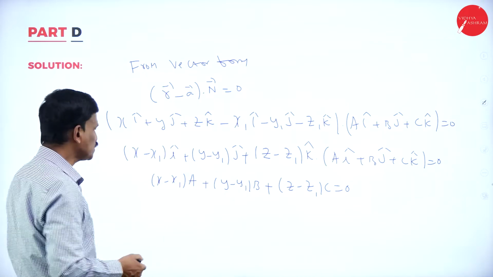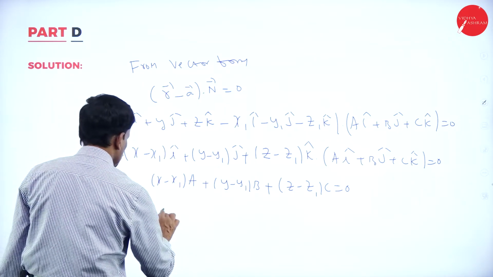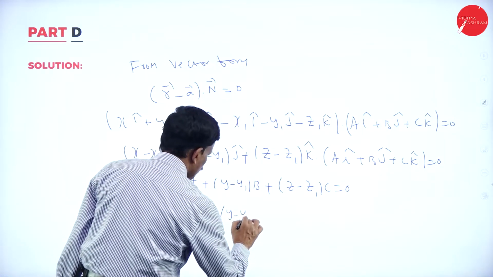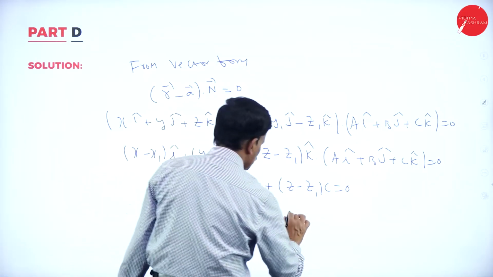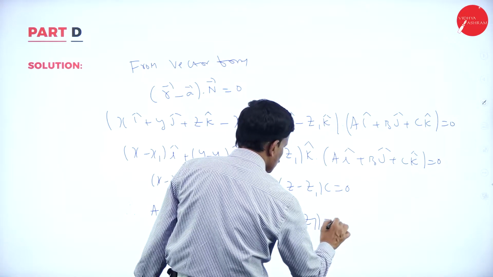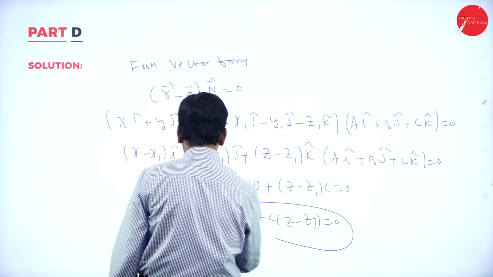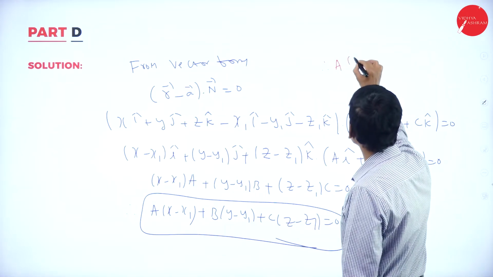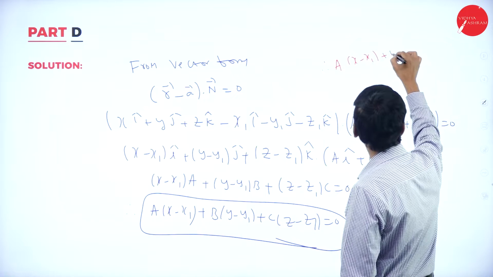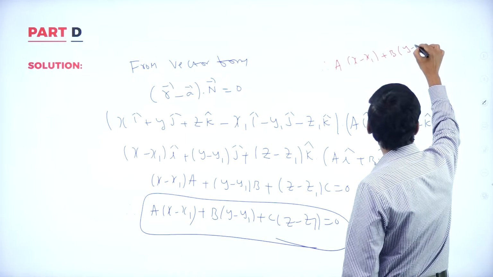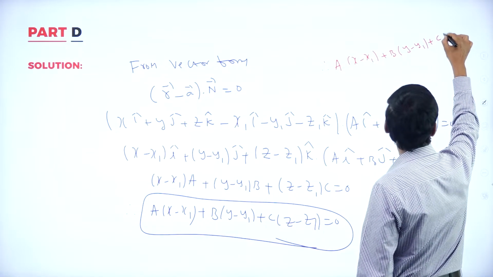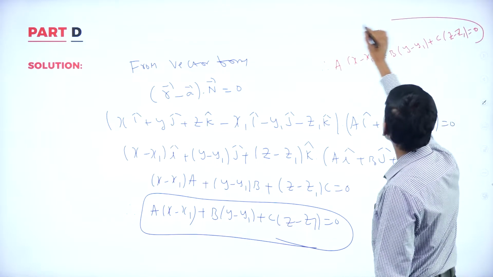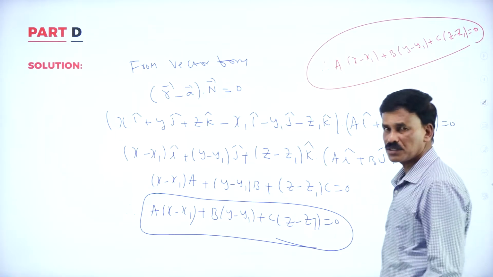Therefore, the equation of the plane is a(x minus x1) plus b(y minus y1) plus c(z minus z1) is equal to 0. This is the required equation of the plane.